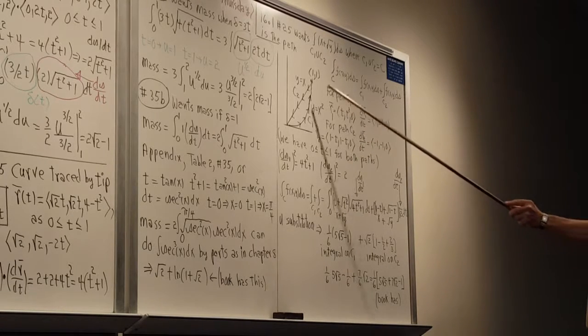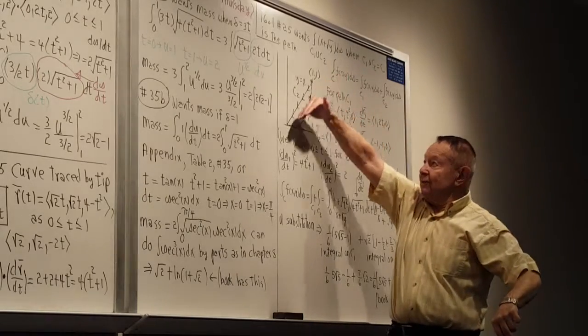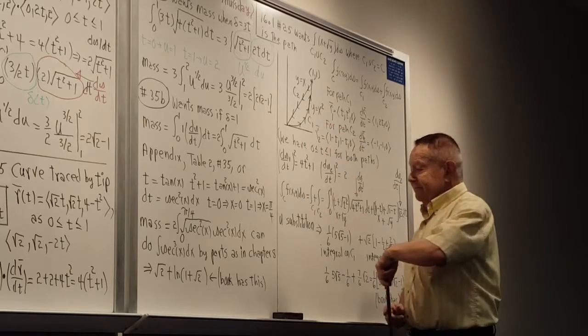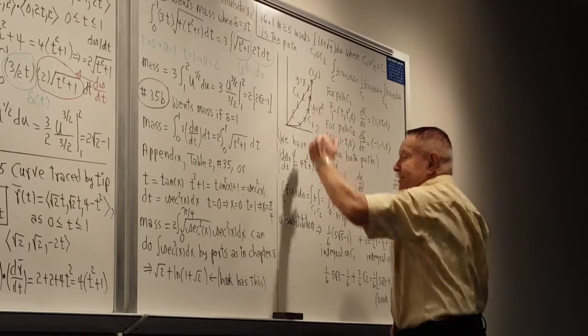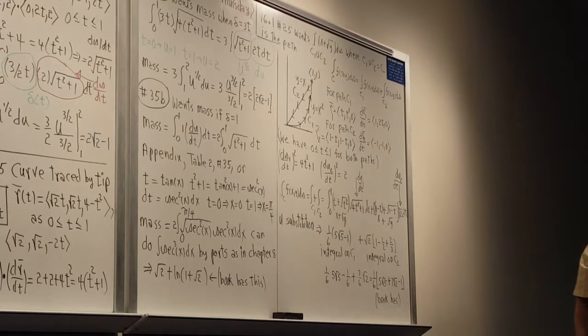It's because you're going this way that it's 1 minus t. If you were going this way, it'd be t minus 1. But you have to take into account which way you're going. And again, then your derivatives will be minus 1 and minus 1.